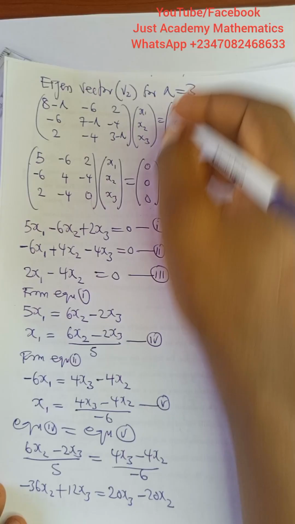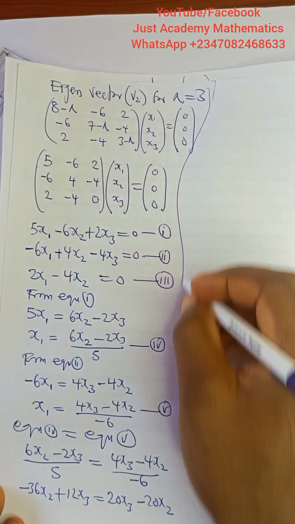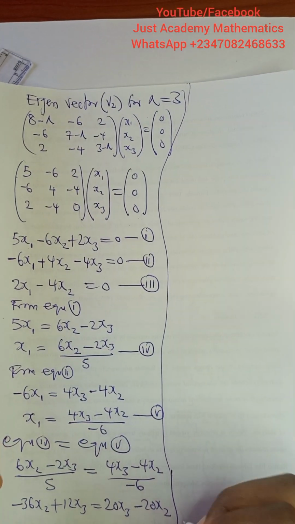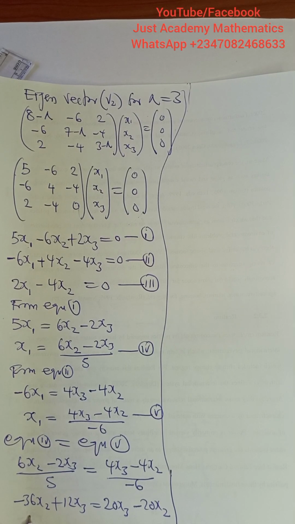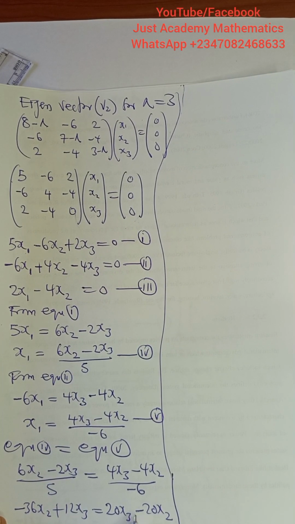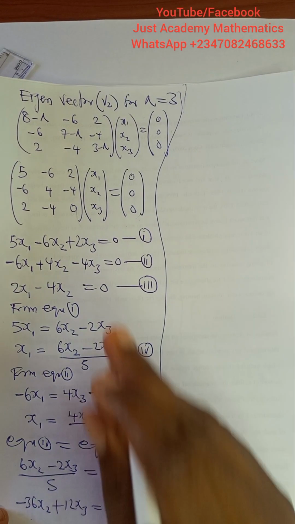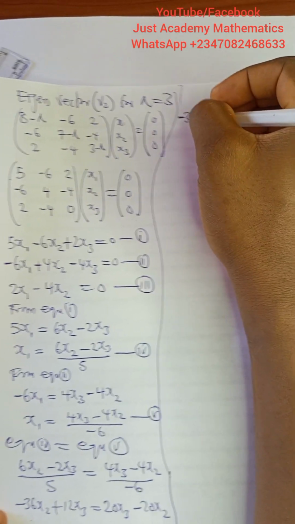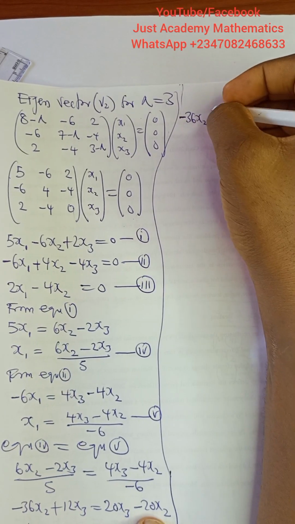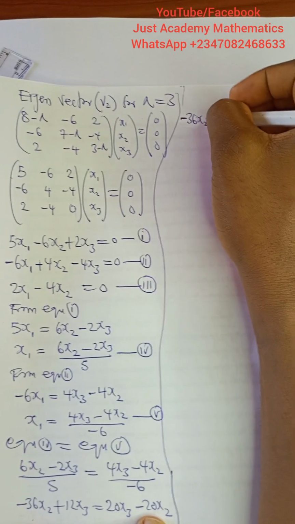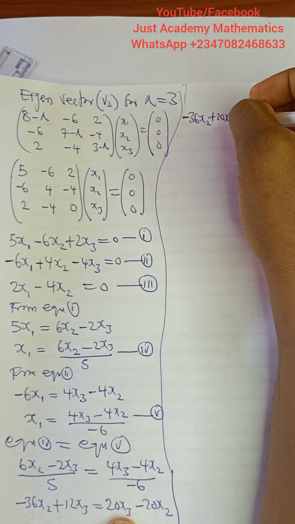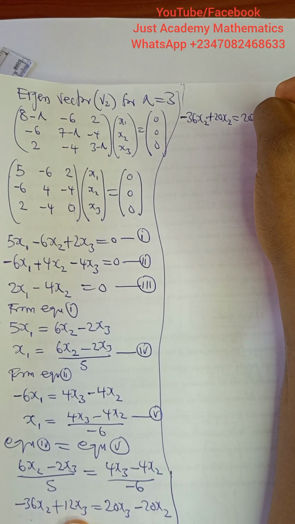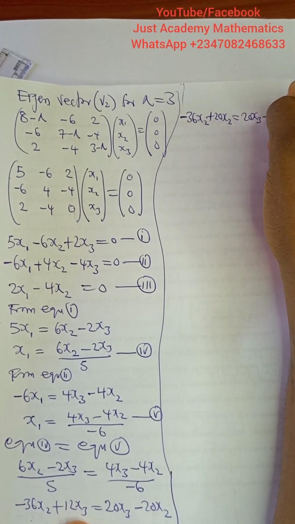So we can proceed here again. We make x2 the subject in terms of x3. So we have minus 36x2, another x2 here is plus 20x2, equal to 20x3, then minus 12x3.